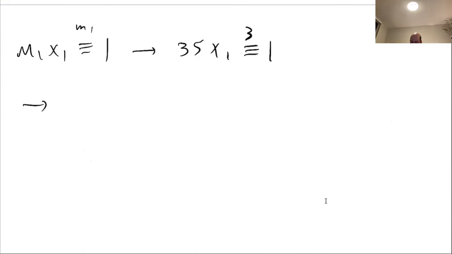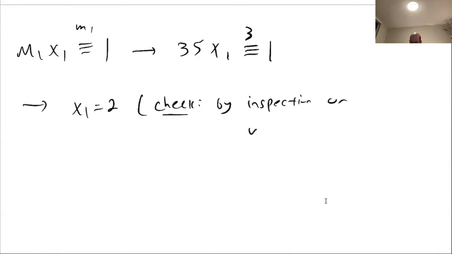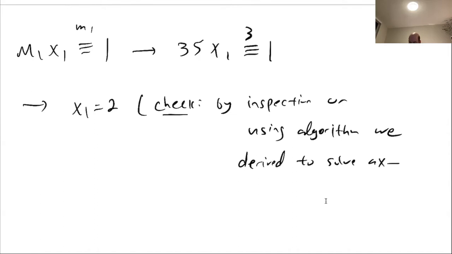You can check that X1 will be 2. Check by inspection or using the algorithm we derived to solve AX equals B mod M. You already know how to solve AX equals B mod M as long as A and M have GCD 1.